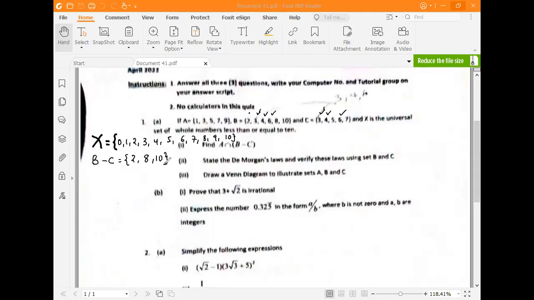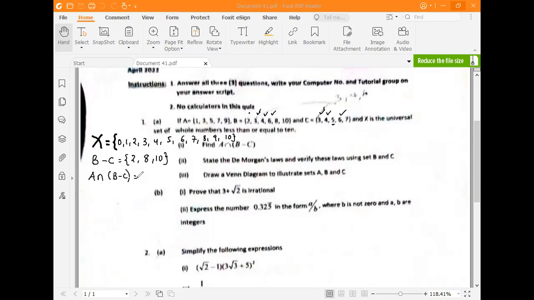Now look, 5 is in C but not in B. We haven't even talked about it, because we want to find the elements of B that do not belong to C. That is B minus C. Now we intersect A with this set that we have here.